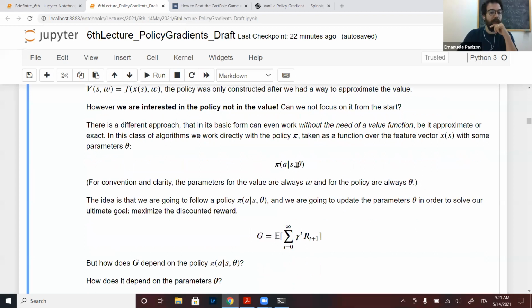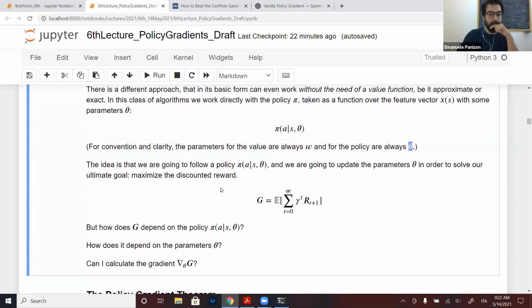We will write it like this: the policy of being in the state S and giving the probability of doing the action A while parameterized with theta. There is this convention that the parameters for the value are w and the parameters for the policy are always theta. So remember, every time we're talking about theta, we're talking about how our policy is parameterized.